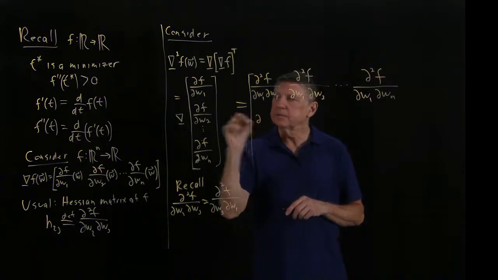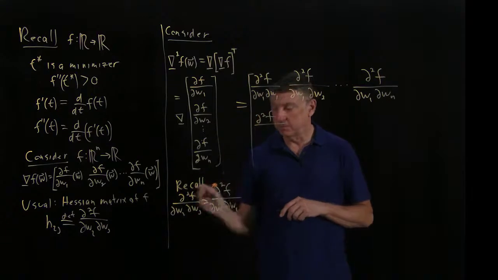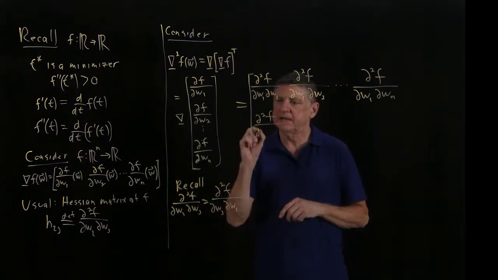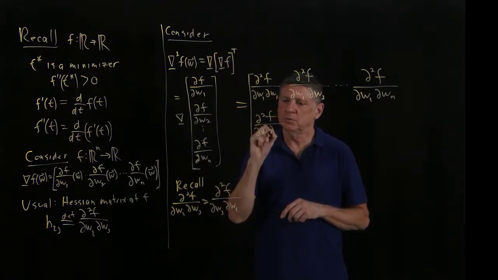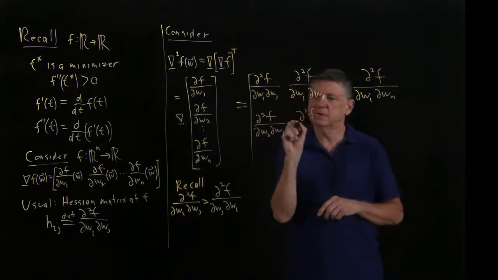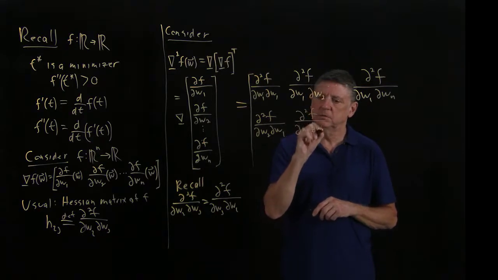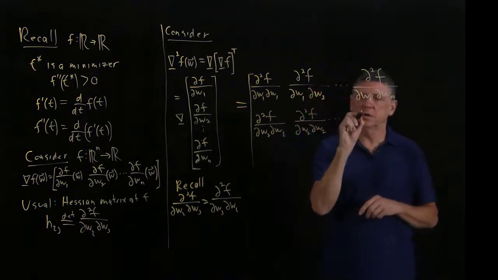I can then process this entry. So that is the second derivative of f. I'll apply this rule again, and that is 2, 1. This entry is 2, 2, and so on.